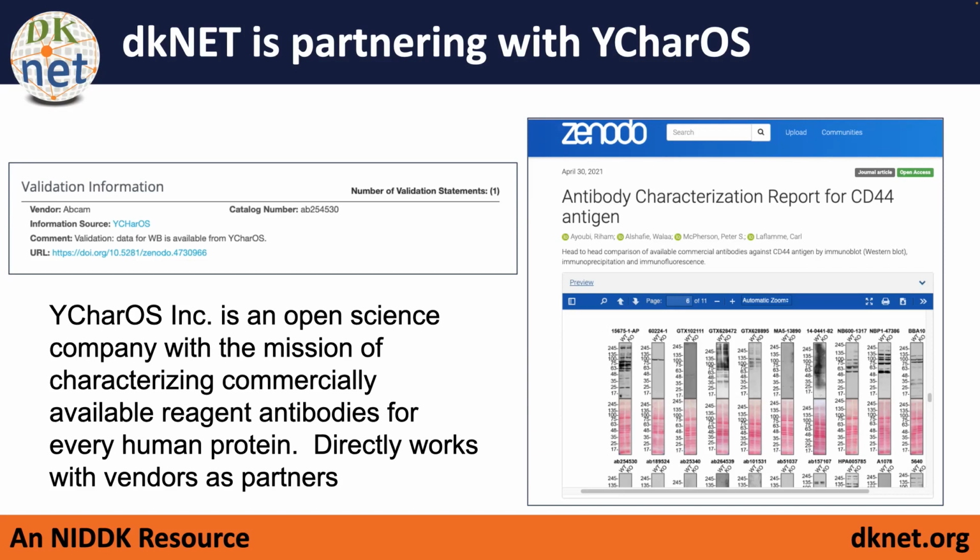We have begun the process of incorporating this information into Resource Watch, and this will also tie back to the reports that they publish. They publish full PDF research reports on their characterization through Zenodo. In a sense, these are open access journal articles about the performance of various antibodies.